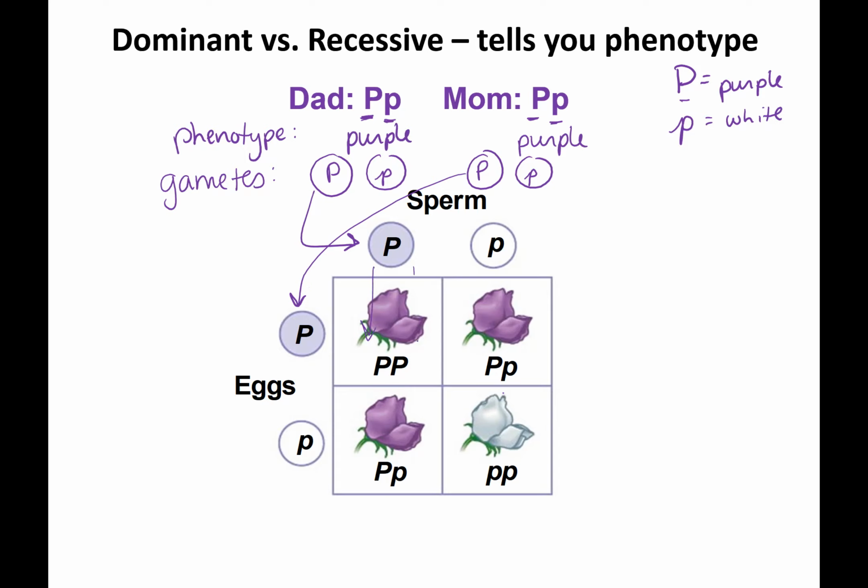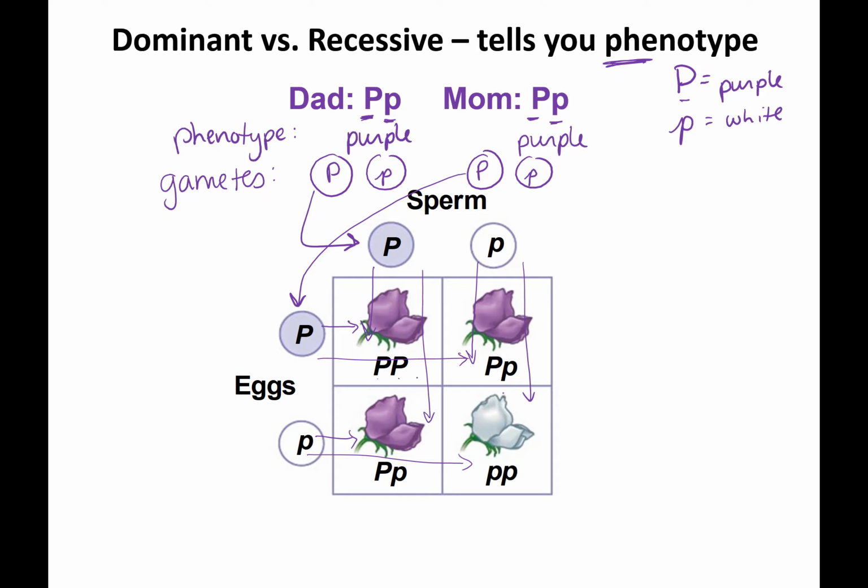And then we combined the alleles and we got the genotypes. Oops, that's not right. Okay. We got genotypes for all of the flowers, and then we interpreted them for phenotype.